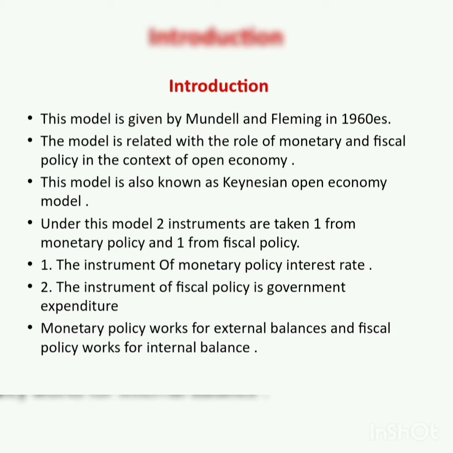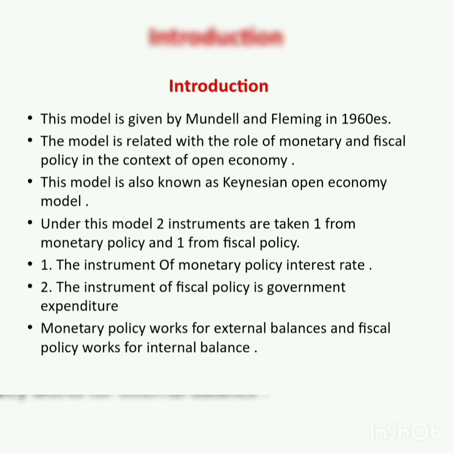I have already explained that in this model two instruments are taken, one from monetary policy and one from fiscal policy. The first instrument, taken from monetary policy, is the rate of interest, and the second, taken from fiscal policy, is government expenditure.